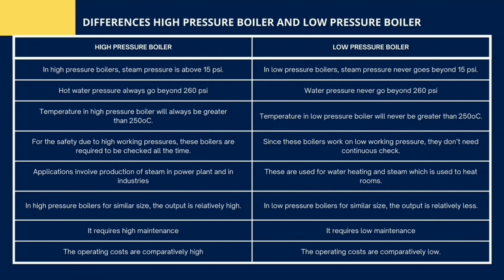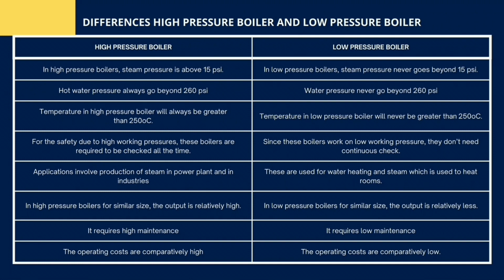For high pressure boilers, applications involve production of steam in power plants and in industries, while low pressure boilers are used for water heating and steam which is used to heat rooms. In high pressure boilers, for similar size, the output is relatively high, while in low pressure boilers, for similar size, the output is relatively less.